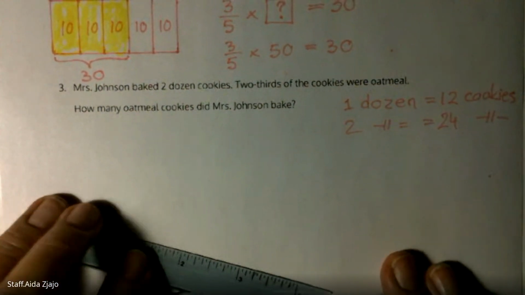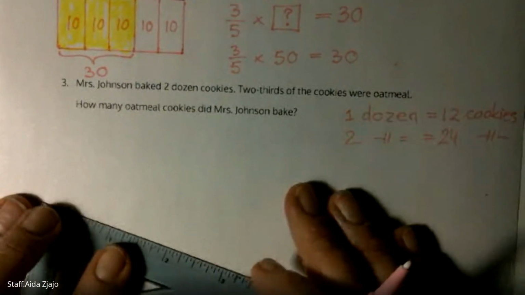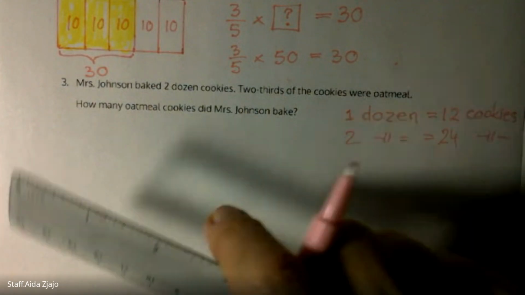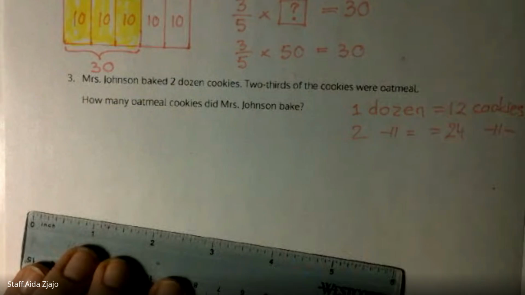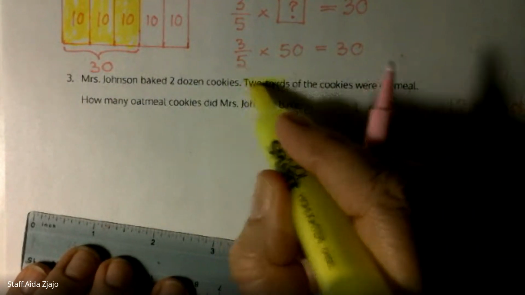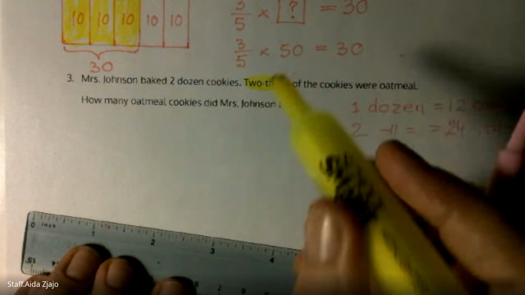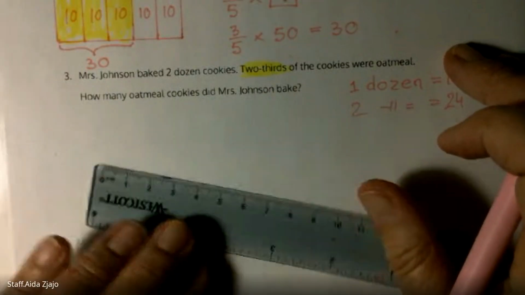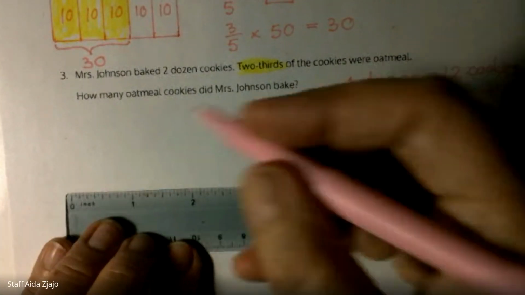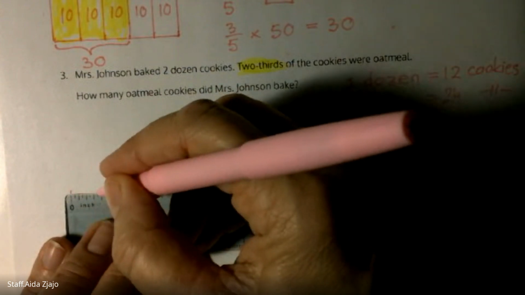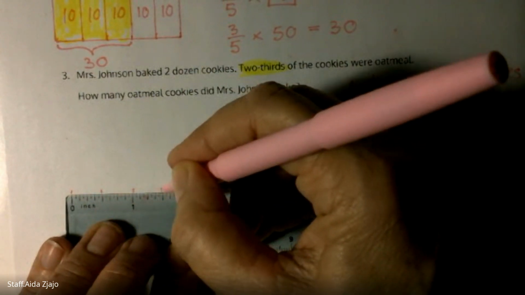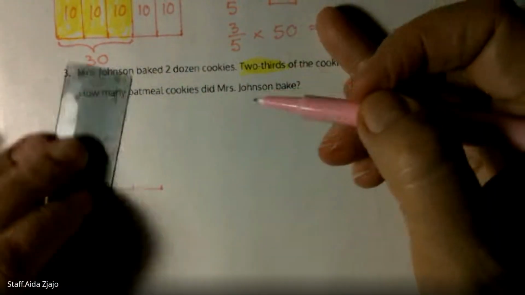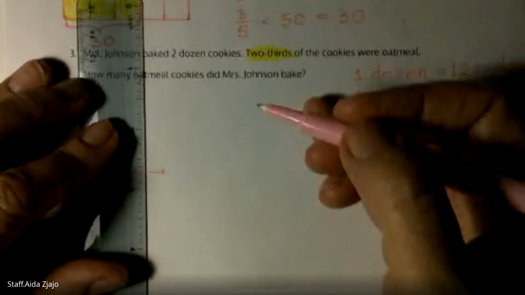So we have 24 cookies. You can draw 24 cookies, or you can represent this with the fraction 2/3. So we need 24 divided into 3 pieces. Let's represent this as our tape diagram.